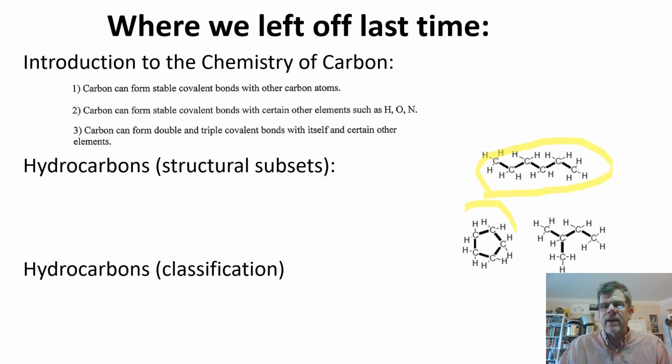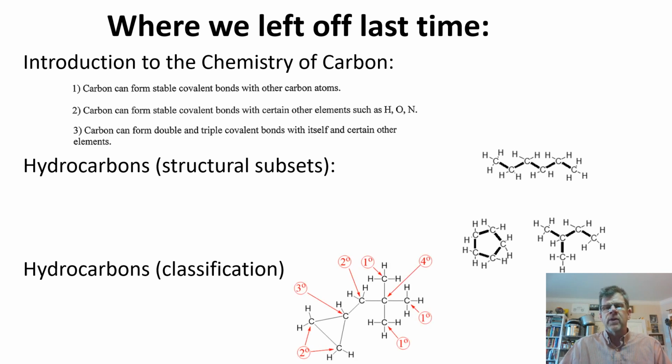Also in a cyclic form that we see here, as well as in a branched form that we see here. And lastly, specifically with respect to single bonded hydrocarbons, meaning the carbon-carbon bonds were single bonded, we were able to classify each carbon of these hydrocarbons as primary, secondary, tertiary, or quaternary.